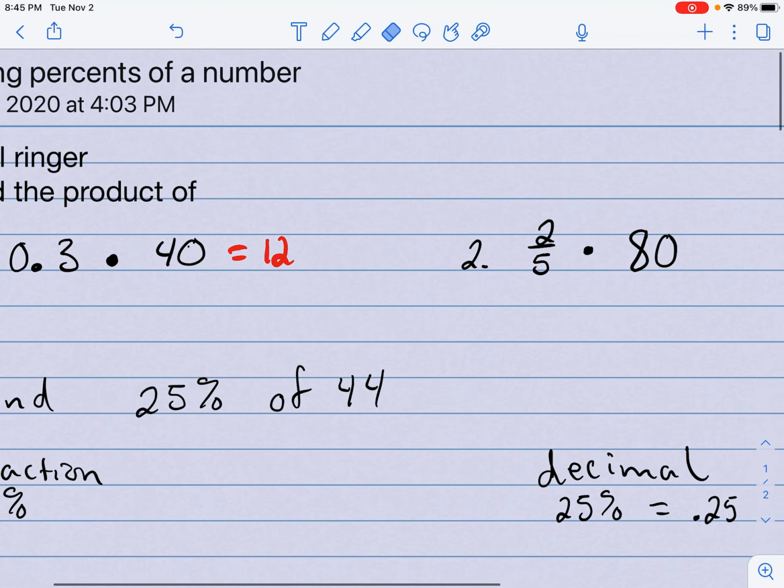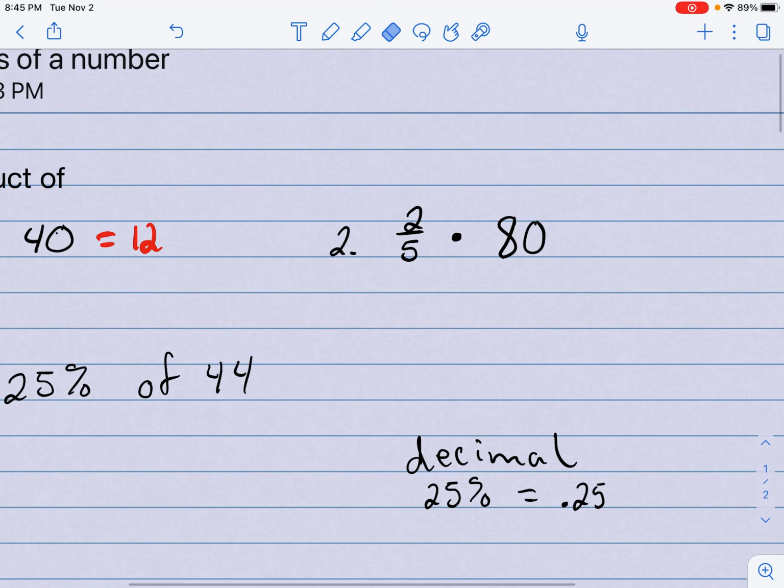Likewise, we've got 2/5 times 80. So all we're going to do here is multiply the top by 2, divide by 5. And now you can do either or. You can multiply first or divide by 5. I'm going to divide by 5 first. So 80 divided by 5 equals 16, and then I'm going to multiply that by 2.